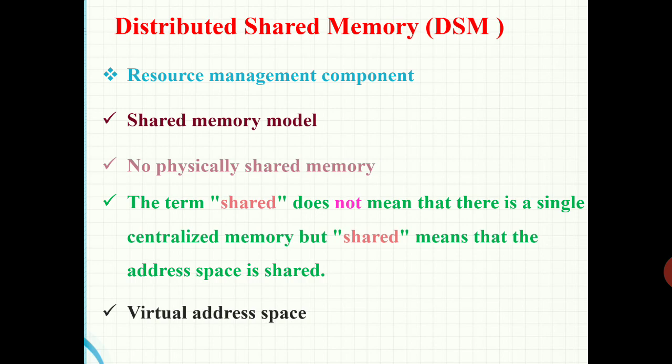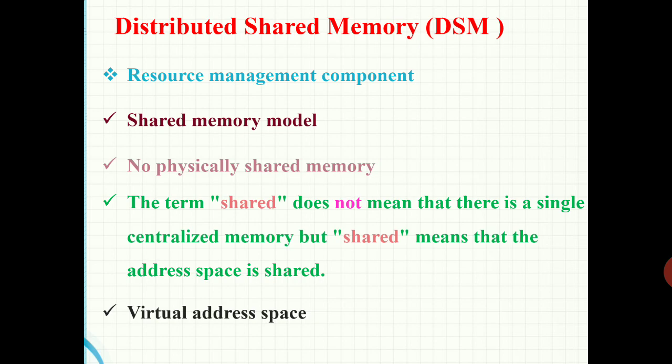But the distributed shared memory system is a resource management component of the distributed system that implements the shared memory model in the distributed system. Normally we are using the message passing system, but distributed shared memory is the resource management component that implements the shared memory model.